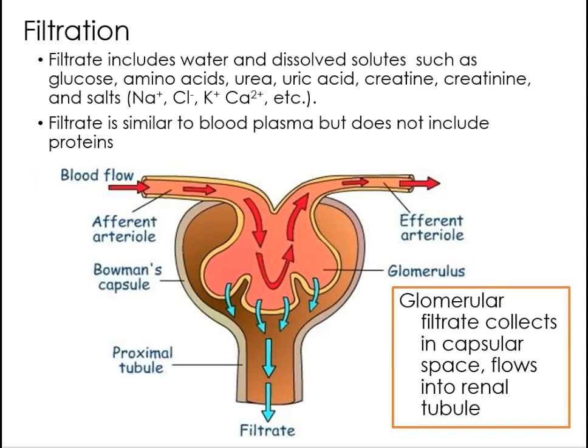So how filtration occurs is, keep in mind, we have the afferent arteriole coming in through the bloodstream. We're going to have the Bowman's capsule. Here's just a side view, but just know that there's a lot of slits in it, and that allows liquid to come through this way, but solid material will just keep going and eventually go through the efferent arteriole.